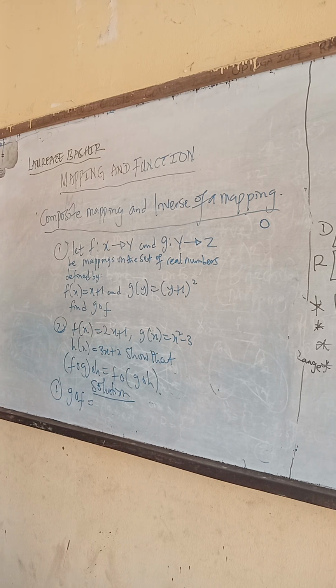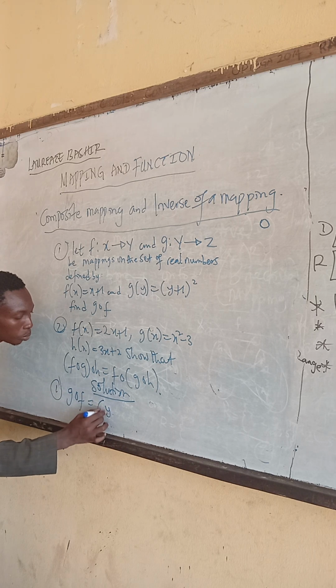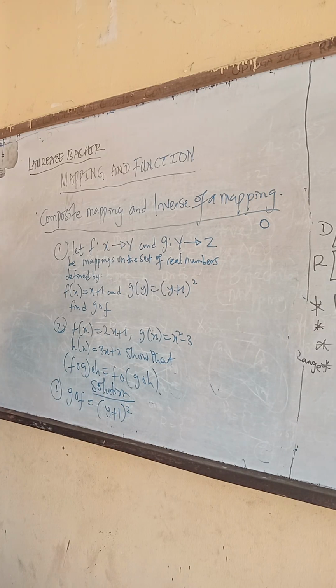G is your domain. So what is your g? G is (y plus 1) squared. You are writing it first. Now composite f means that this value of y in g, you'll be looking at y as the function f of x.